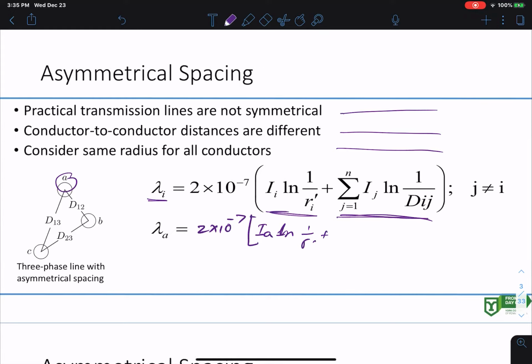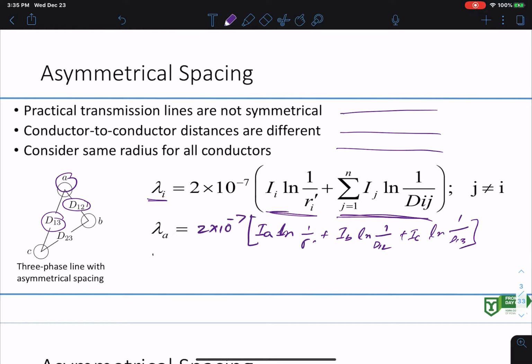Plus now we have IB, then natural logarithm 1 over D12, the line distance between A and B. Plus IC, then natural logarithm 1 over D13, the distance between A and C. So that's lambda A, the flux linkage to line A.